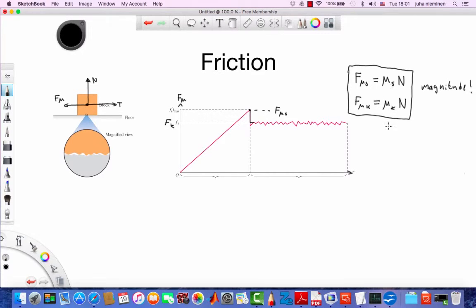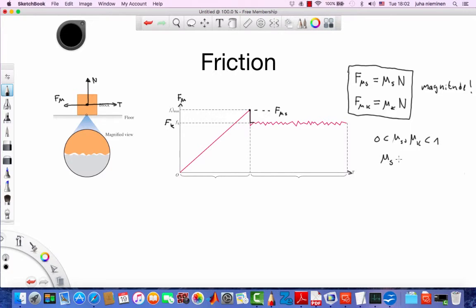A few notes about these friction coefficients themselves. In the majority of cases, they have values somewhere between 0 and 1. And a smaller value, of course, means less friction. These are experimentally determined by sliding blocks of material on top of each other, for example.